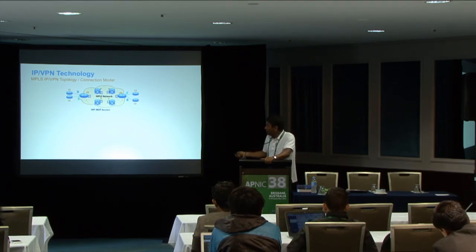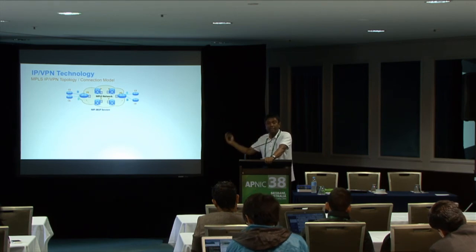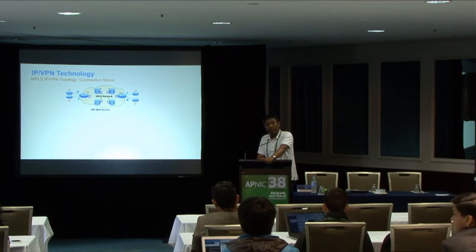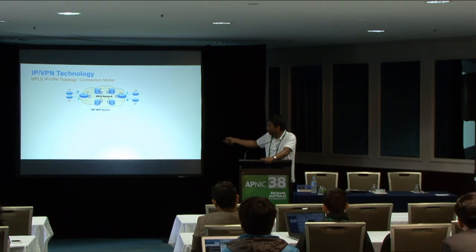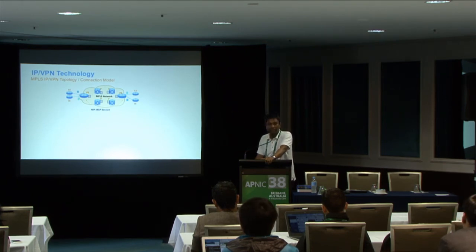When the prefix goes to the egress PE router, the question comes: how can we ensure this customer's particular prefix goes, on the other side, to the corresponding or correct VRF of that customer? Did you get the point?